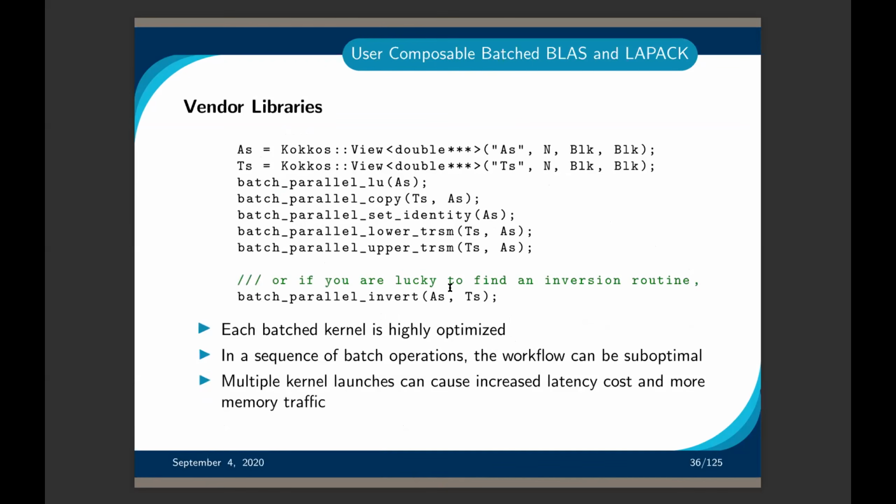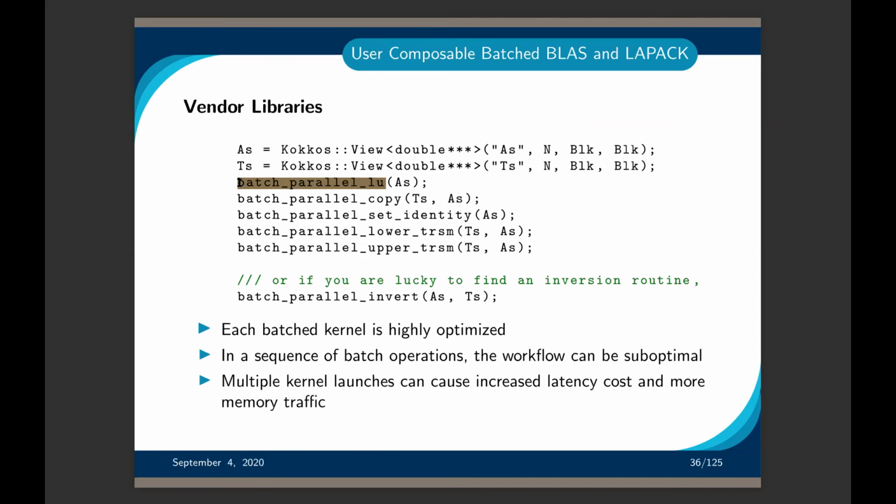If you use the vendor library, you usually do it this way, like the batched parallel LU. So we compute the LU factorization of the entire matrices, then copy, then set the identity matrix, and we do the lower triangular solve and upper triangular solve. Each function can be highly optimized because we do one operation at a time.